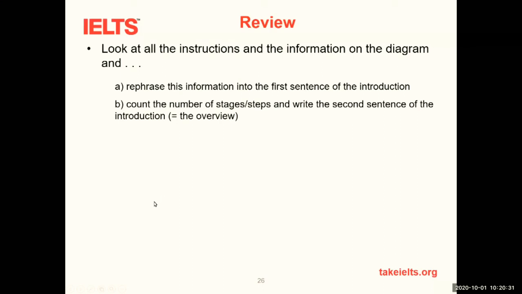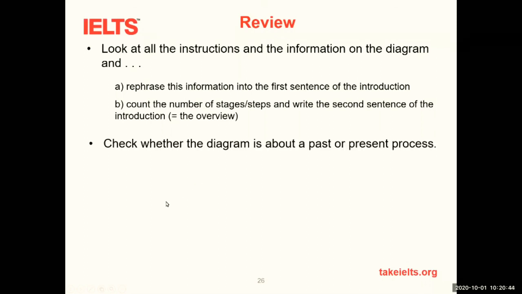And then count the number of stages and steps and write the second sentence of the introduction, which is the overview. And if you can add the first step and the last step in that, that would be even better. Just double check whether the diagram is about a past or present process. It's usually present, to be honest, but they can put in a past one, so do just check.